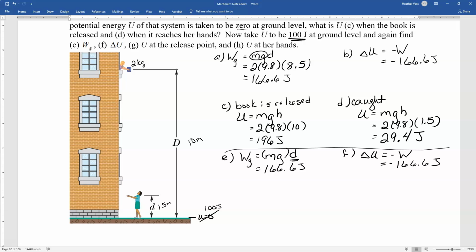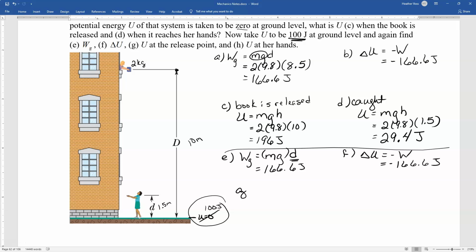Now, what about the energy at this point? Well, the big difference between switching this from 0 to 100 is basically, it's like saying, okay, when you open your account at a bank, we're just going to auto put $100 in there for you. So if you deposited $5, you now have $105. If you deposited $20, you now have $120.